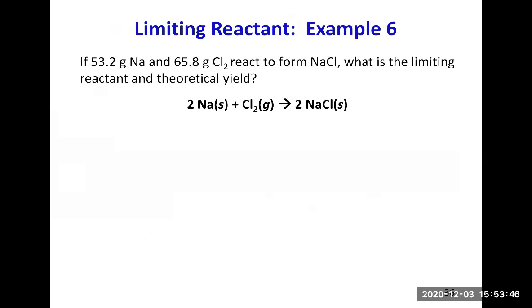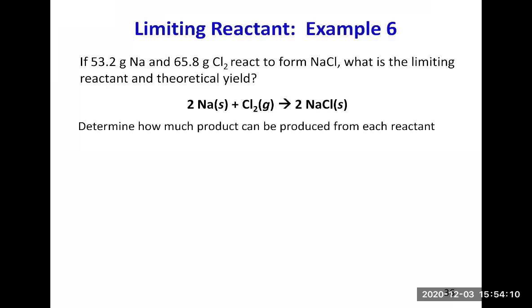You're provided the chemical equation that shows how two sodium solid react with chlorine gas to form two NaCl solid. NaCl is sodium chloride, or table salt. When you want to find the limiting reactant and you're given masses for both reactants, you need to calculate how much product can be produced from each reactant.